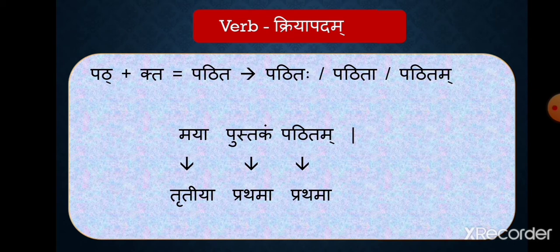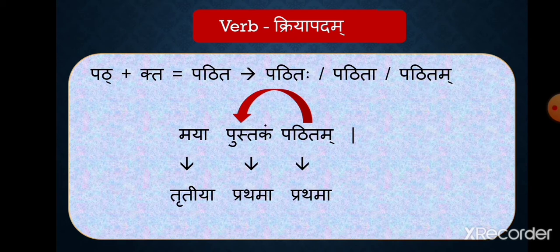Pathitam is used as per the lingam and vachanam of the word pustakam. Pustakam is used in napunsakalingam, that's why pathitam is also used in napunsakalingam. I hope you have understood it.